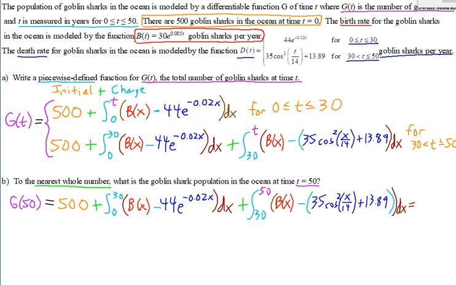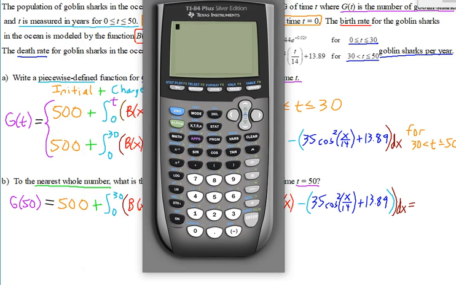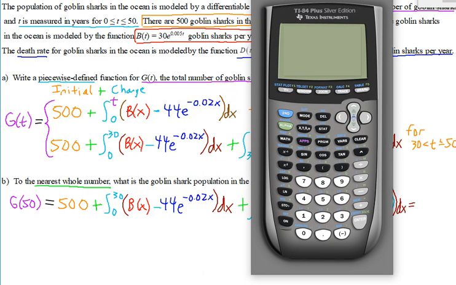All right. So let's go ahead and start with the 83 and 84. Let's go ahead and enter these functions in first. So let's first for y1 enter in the birth rate we're given. So 30 e to the 0.005, and remember all the t's we're going to put in as x in our calculator, x, close parentheses.